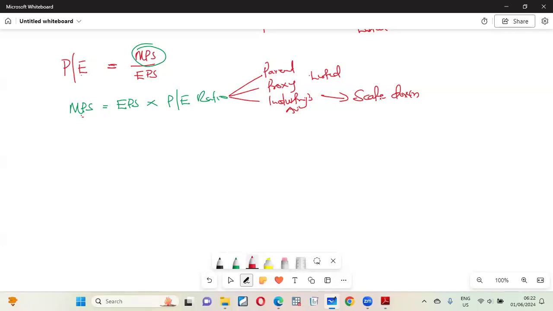Why do we scale it down? P/E ratio is about the profit. And for a private company, their internal control system is very poor. So the likelihood of manipulations in profit is very high.